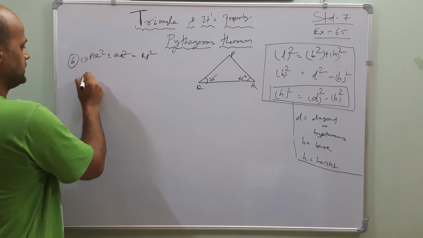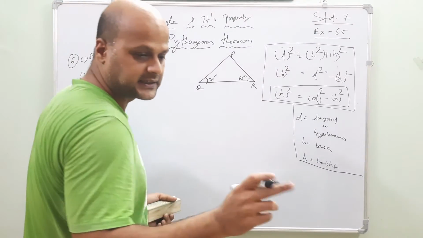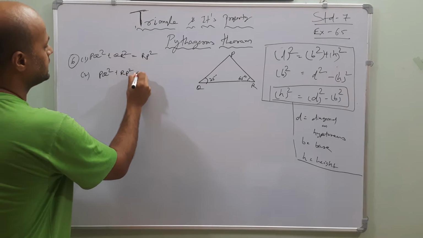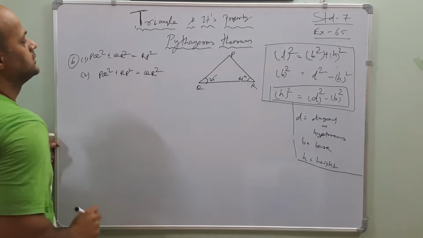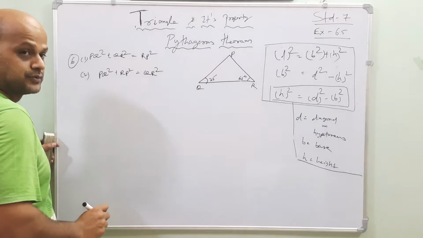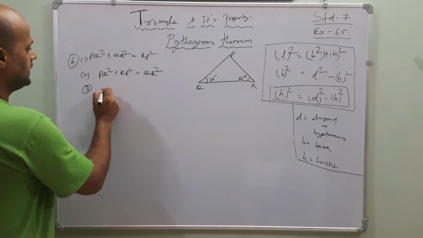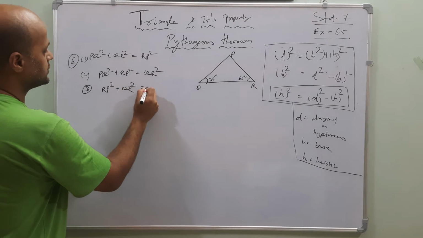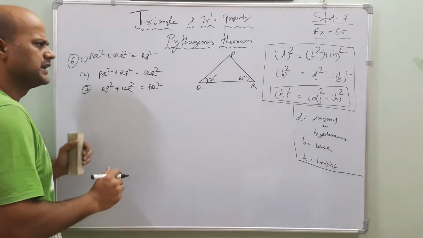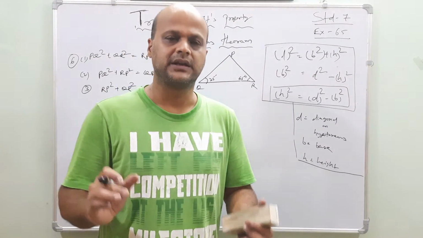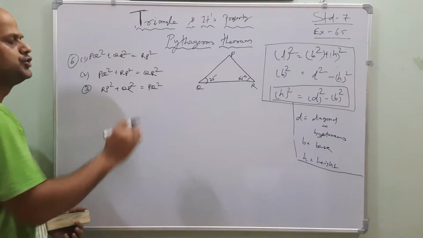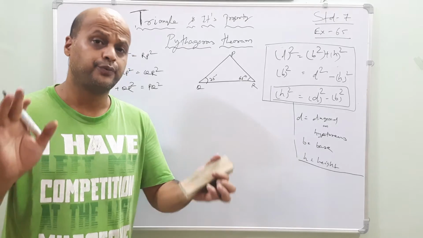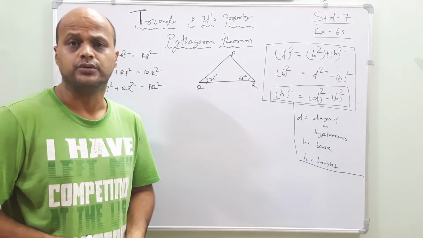The second option is PQ square plus RP square is equal to QR square. Understood, my dear friends? The third one says RP square plus QR square is equal to PQ square. Out of these three options, which one is following the Pythagoras theorem?